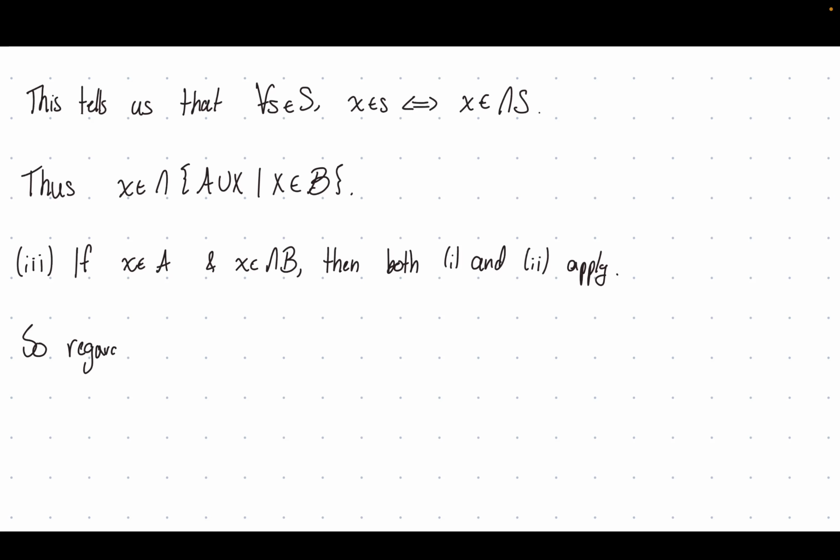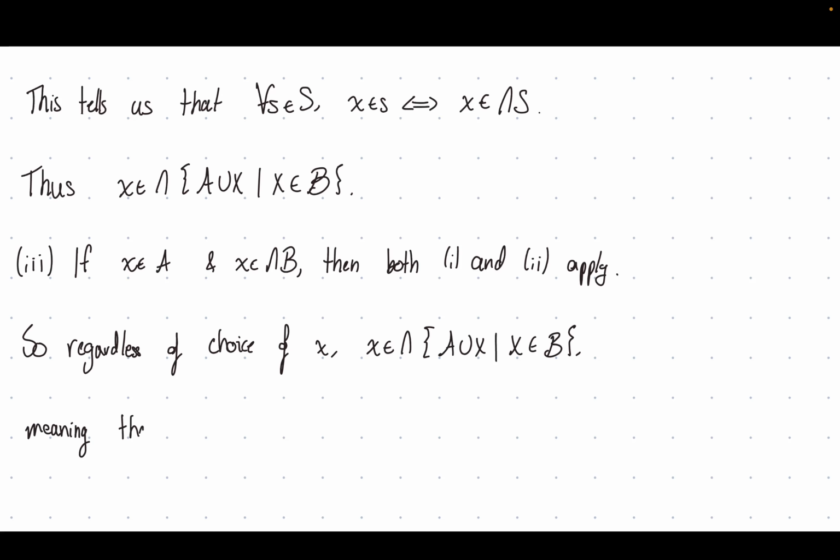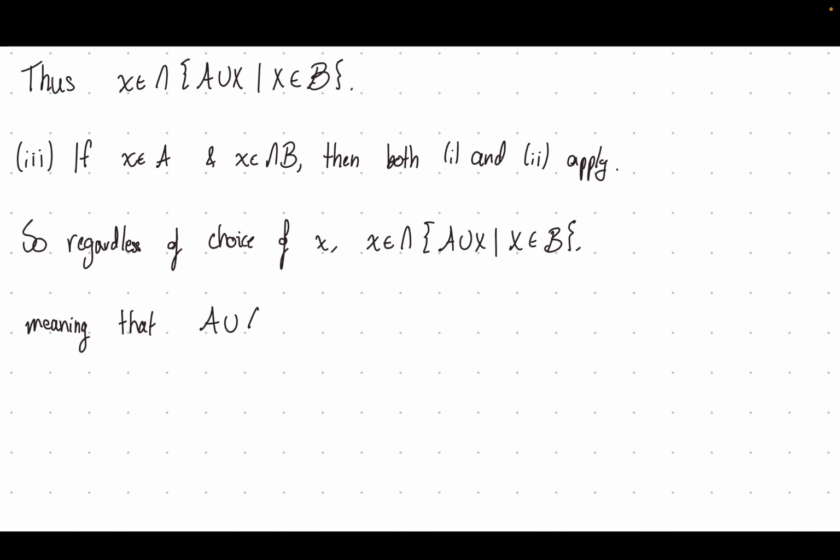So regardless of choice, little x has to be in the intersection of A union X such that X is in B, meaning that A union the intersection of B is a subset of the intersection of A union X such that X is in script B. Okay, cool.